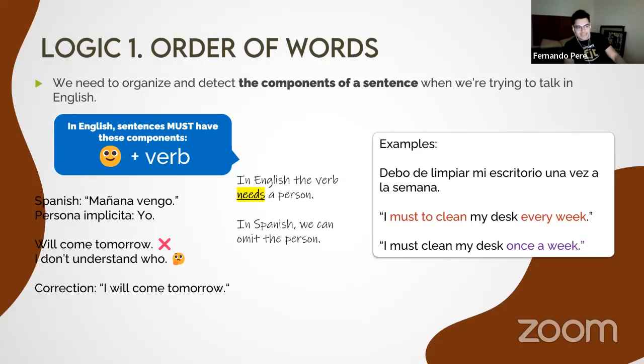Anyway, in this idea, the verb includes the person I. That is one of the possible ideas, right?